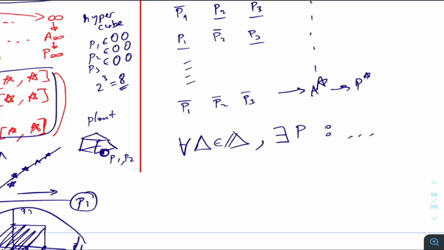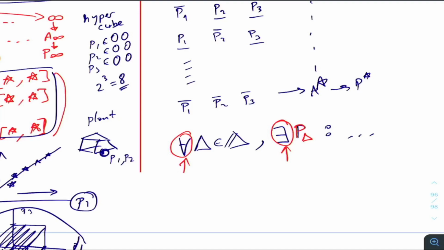This notation, and let me circle it: if there exists comes after for all, for every, it means that P is depending on the previous value, right?